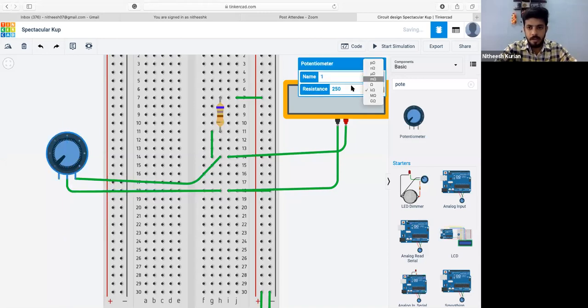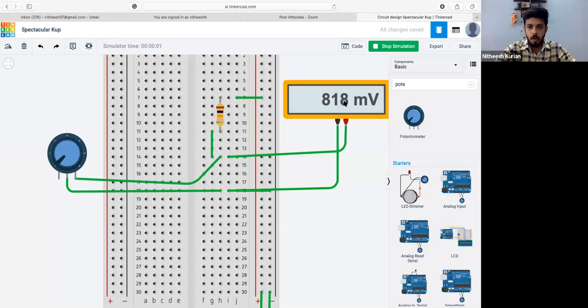I'll make it 1 kilo ohm, and let the top resistor be 10 kilo ohm, which is connected to VCC, the 9 volt supply, and this is connected to ground, which is 1 kilo ohm. So I will start the simulation.